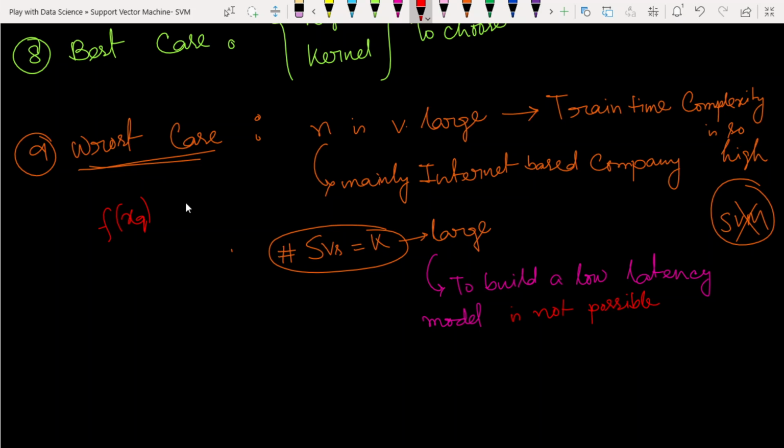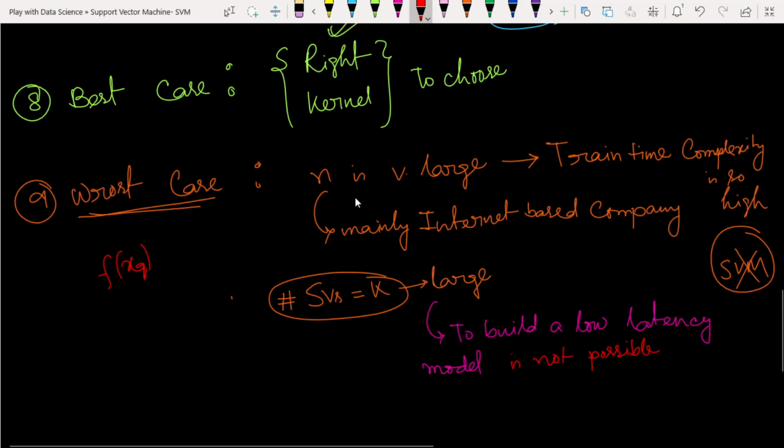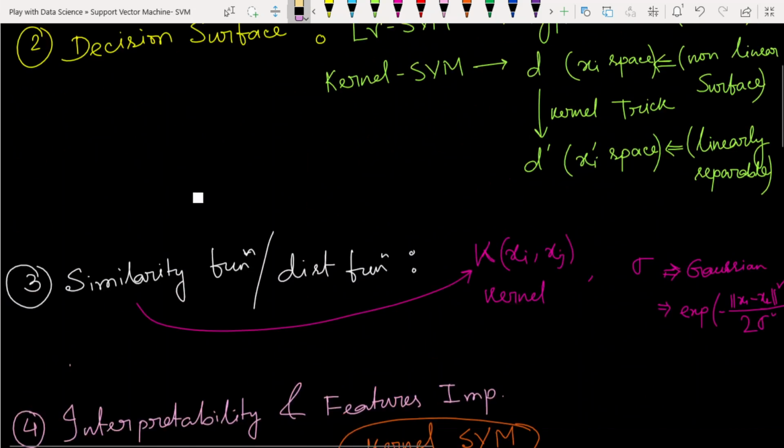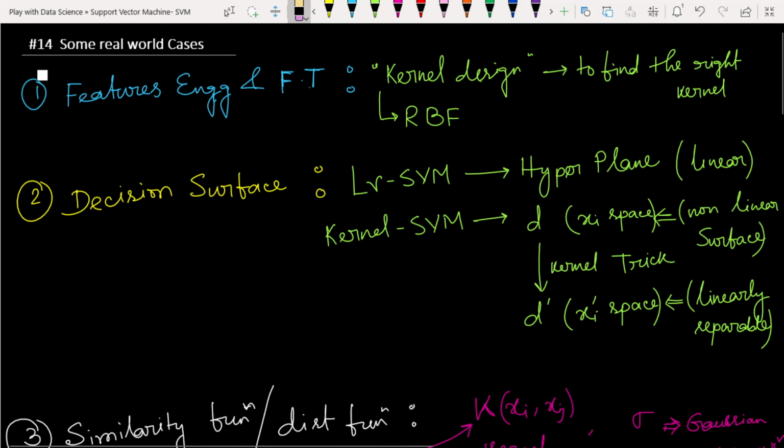Because of that, if the number of support vectors is large, then it is not possible to build a low latency model. We have to think about this matter. I think till now we have completed the 14th lecture.